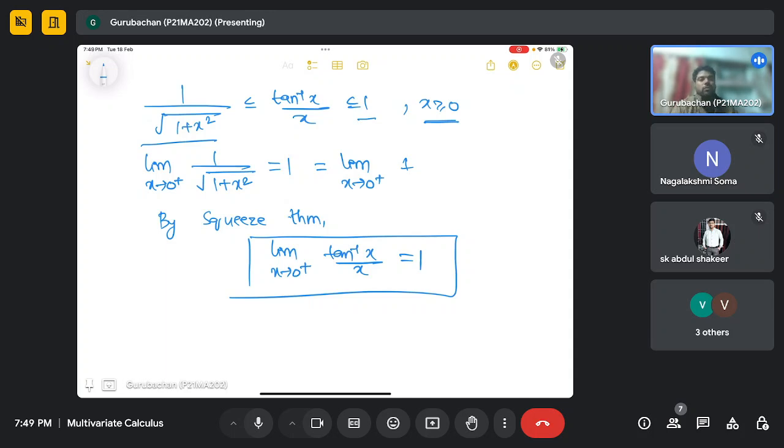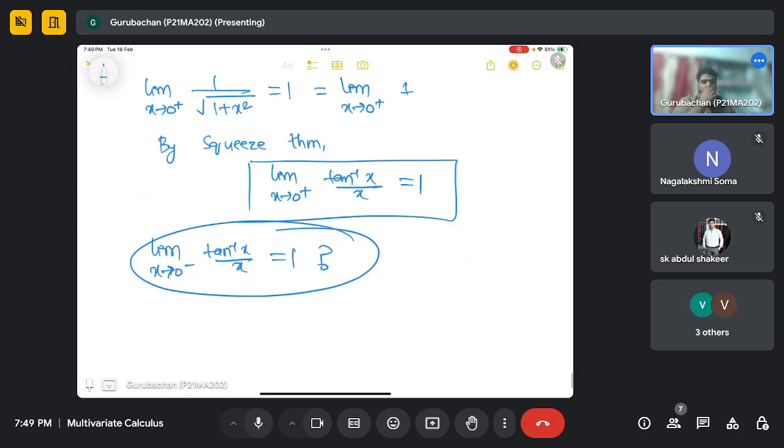So we need to prove the left hand limit also. How will we calculate, or show, that tan inverse x by x is also 1? Anybody think about it?